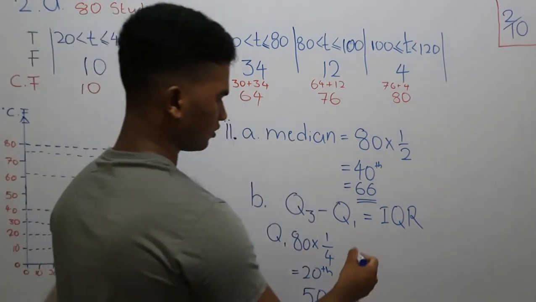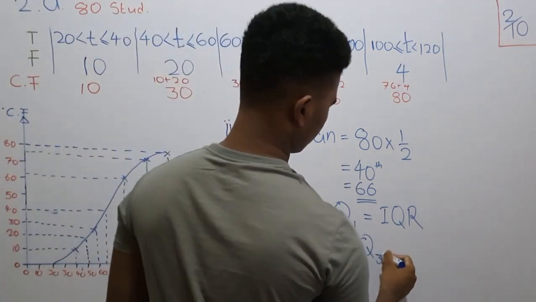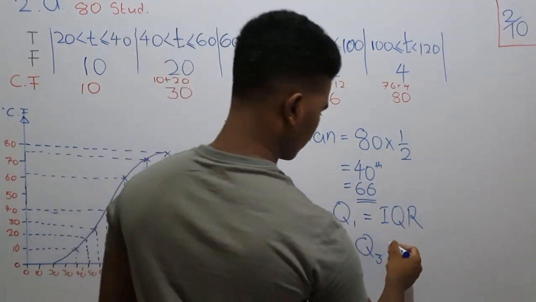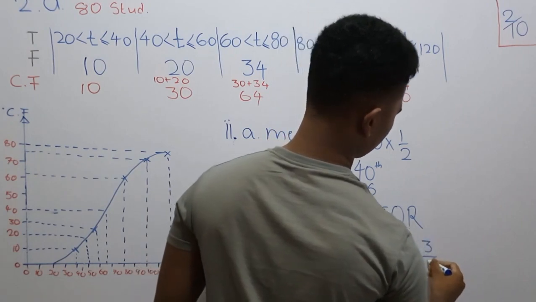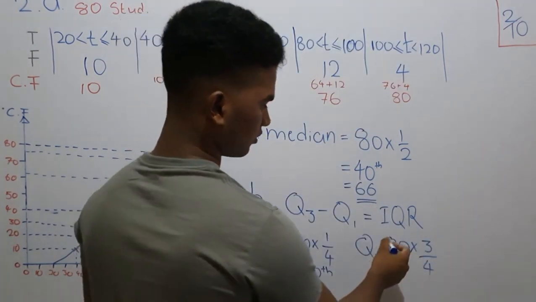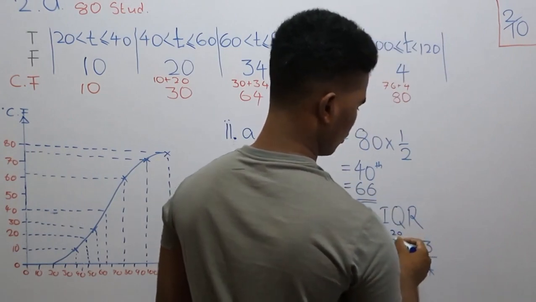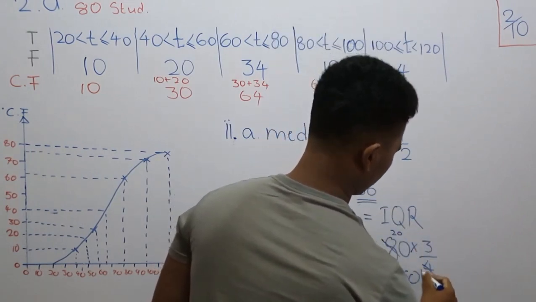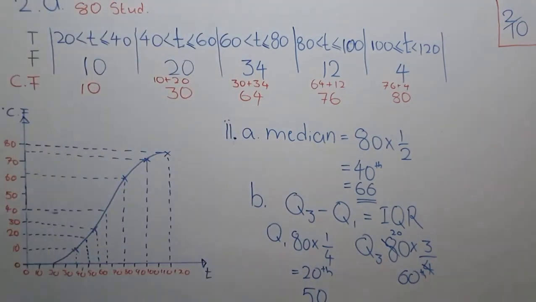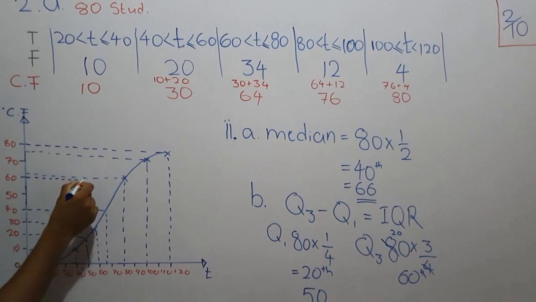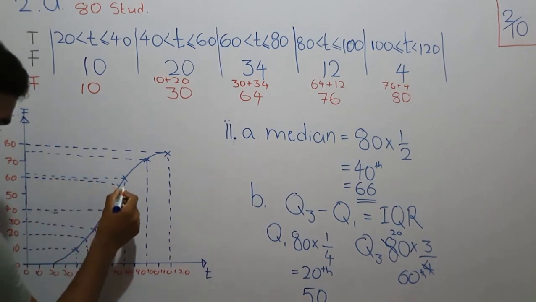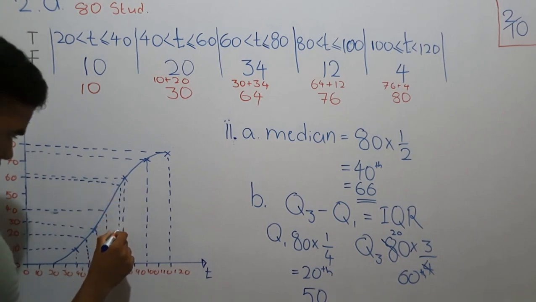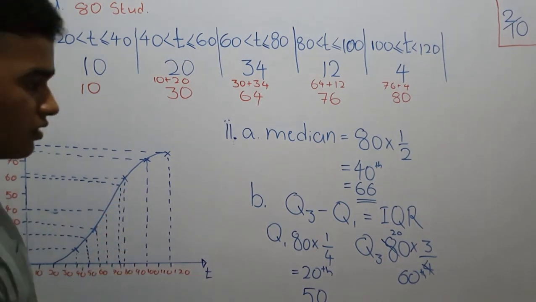Then we'll find Q3. Q3 is 75% of the total 80. That is 3 over 4. 20 into 3 is 60th position. The 60th position is 78.